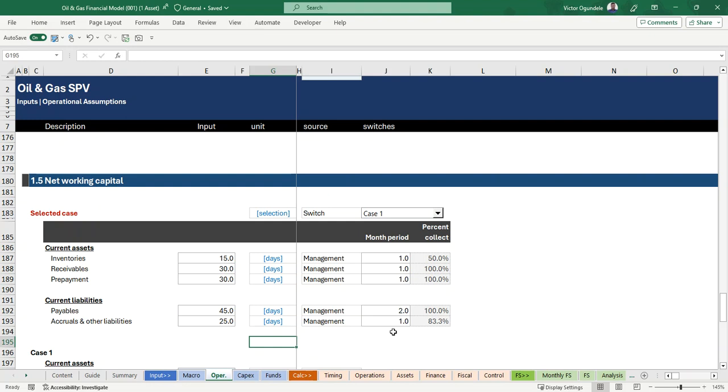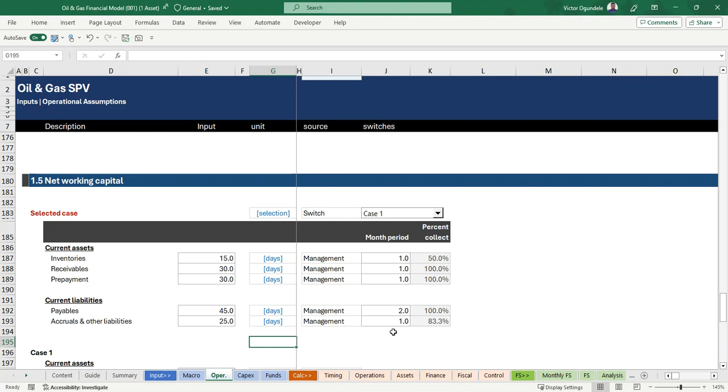So for example, inventory days: if we have our product available, how long will it take us to get it out from our shelf to the offtakers? By the time we get it to them, how long will it take them to pay us? If there are any expenses that we need to pay, those are the prepayments, like months ahead. Based on accounting, you prepay your rent, and you need to account for it on a monthly basis.